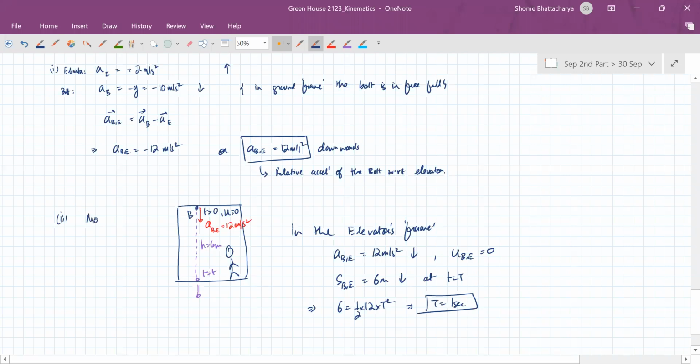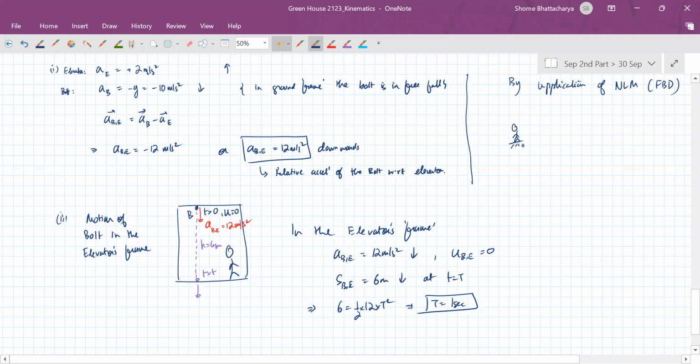So this is the motion of the bolt in the elevator's frame. Now this can incidentally also be justified by Newton's laws application, the free body diagram method.